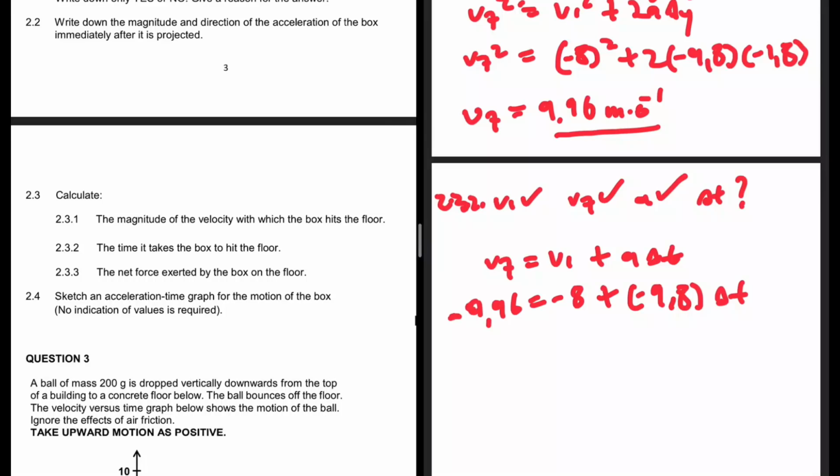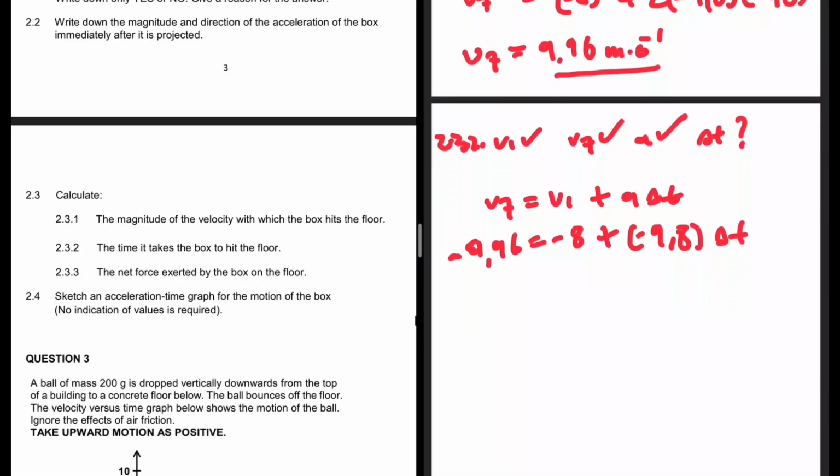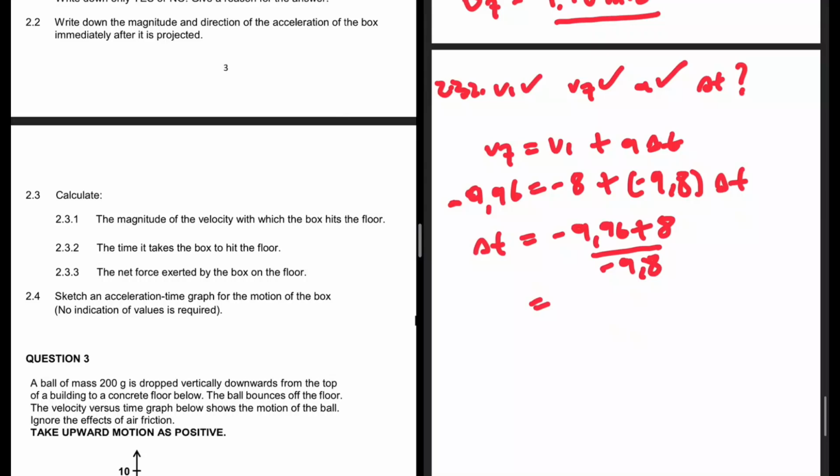So make sure you don't miss those kind of things, because I'm sure there are some people that will make that mistake. Okay, anyway, let's carry on. We're going to have delta t equals minus 9.96 plus 8, everything divided by minus 9.8. We put that in our calculators and we get 0.2 seconds. So there we go.